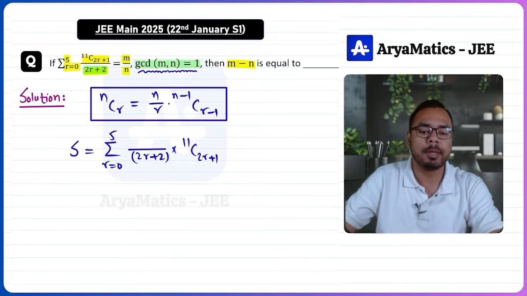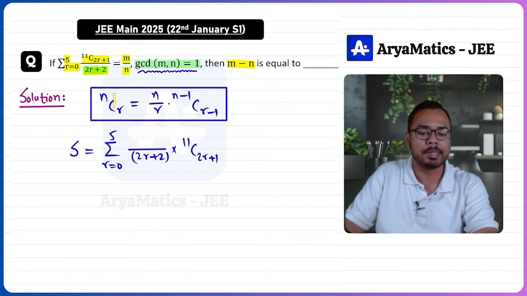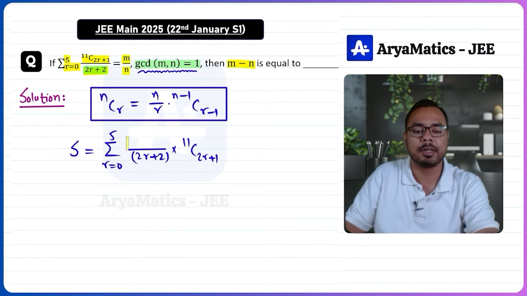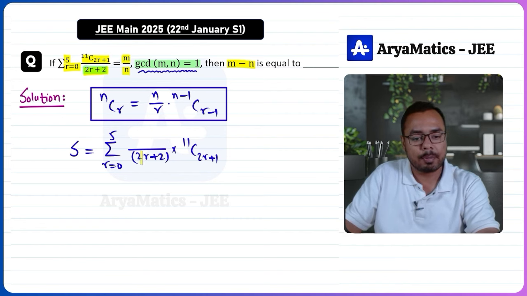Now, looking at this previous property, we are going to use it from right to left. That means the right-hand side will convert to this form nCr, and then we can use the standard result. So basically, we want to combine this 2r plus 2 in the denominator with this 11C(2r plus 1), and we can create a single nCr from here.